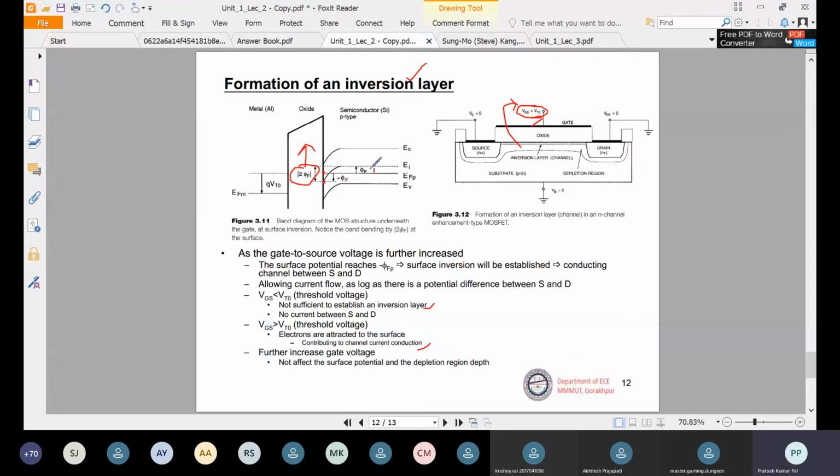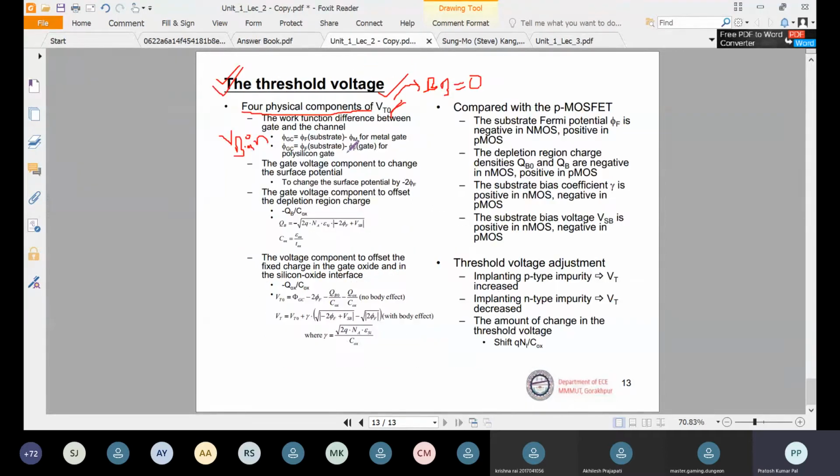If this condition is followed, that means we have the requirement of phi_F and another phi_F, then only it will move below the Fermi level. So we will require a 2phi_F potential to make our surface inverted.